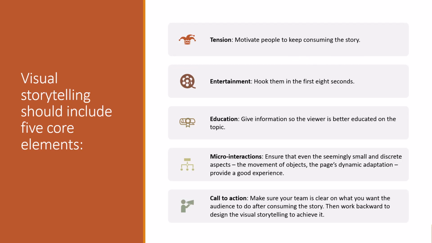There are 5 core elements included in visual storytelling: tension, entertainment, education, micro interaction, call to action. Right, so this tool can be used in order to get a creative solution and creative idea.